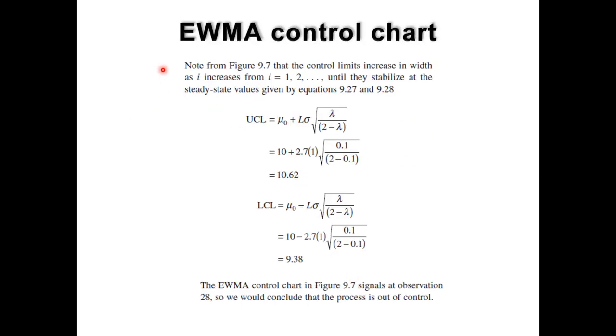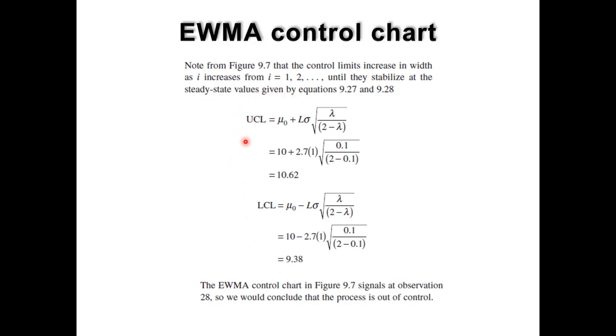Now, from figure 9.7, which is actually the plot of the EWMA control chart, I'm going to look at this later on. From this figure, we can see that the control limit increases in width as i increases from 1 to 30, until the values stabilize at the steady state values given by the following equation.